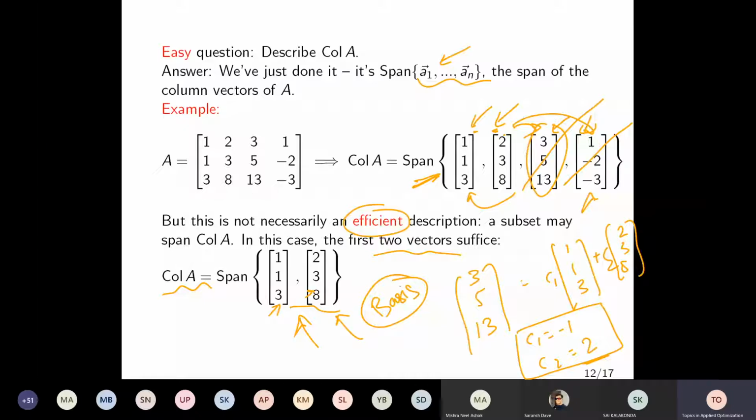Two-dimensional in the sense of vector space dimension. I'm not talking about R2 or something. You see, the vectors themselves are in R3, but the dimension of the vector space is 2.